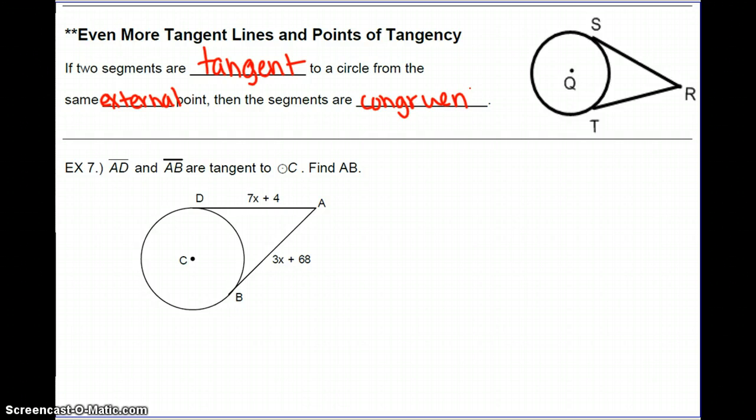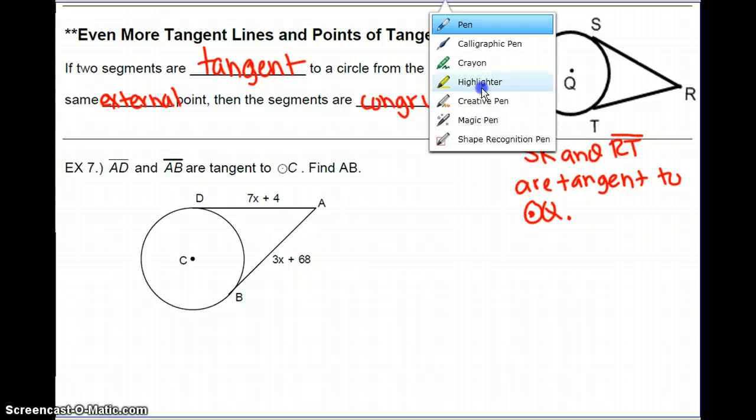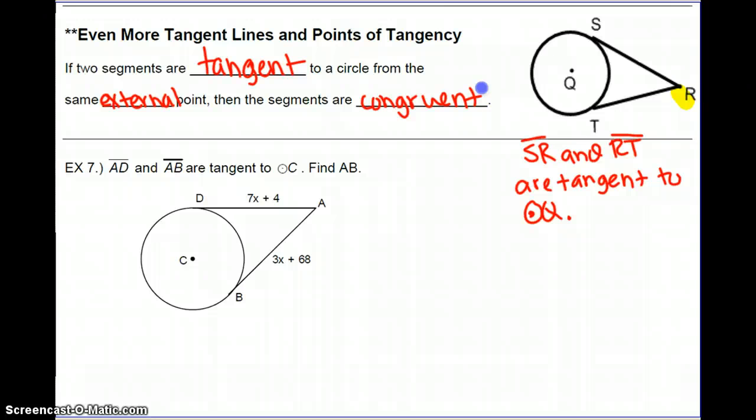So if I look at the picture on the left, I am telling you that SR and RT are tangent to circle Q. Because both of those are tangent and they are both drawn from the same external point R, so point R is forming both of those tangents, I can assume that segments SR and RT are congruent.